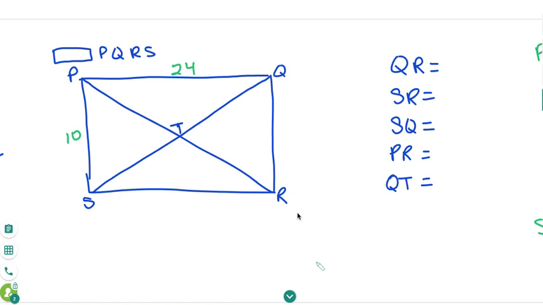All right. Opposite sides are congruent. So that would make SR 24, and it would make QR 10. We have parallel sides.